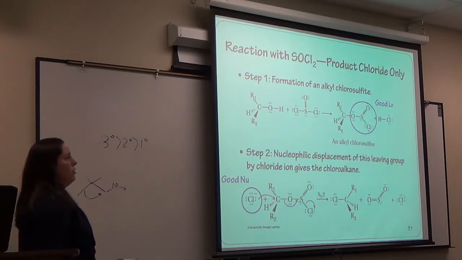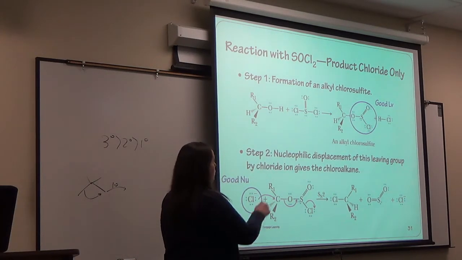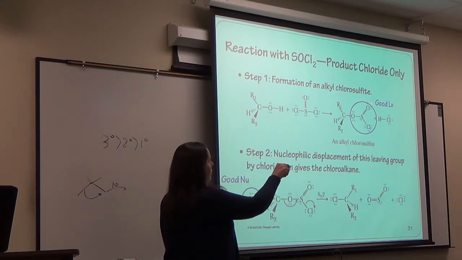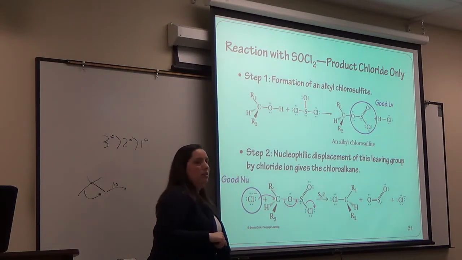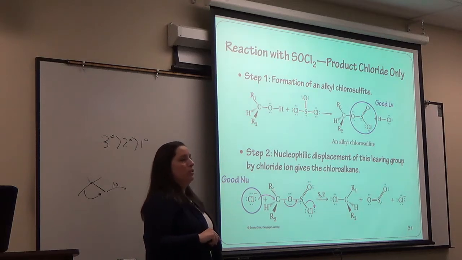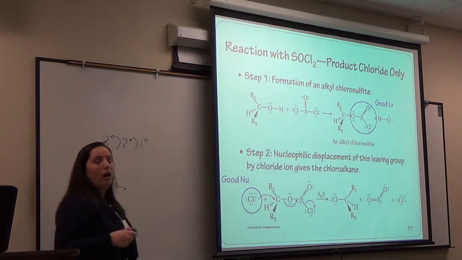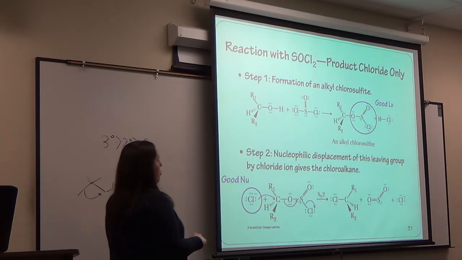And the reasoning behind this happening as Sn2 is that with the sulfur, with the thionyl chloride, you form another really good leaving group, which is a chlorosulfite. These sulfur-containing leaving groups, we'll see a few more in just a minute, are really common with alcohol reactions in order to get the reaction to go faster as an Sn2.